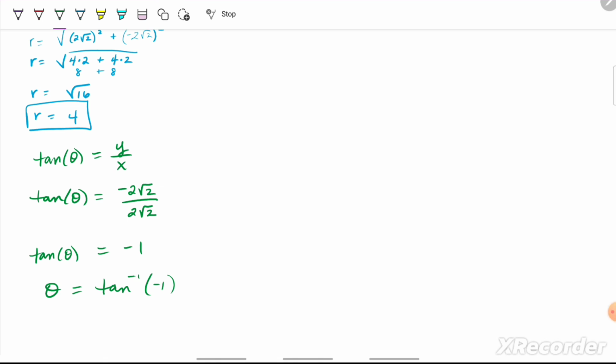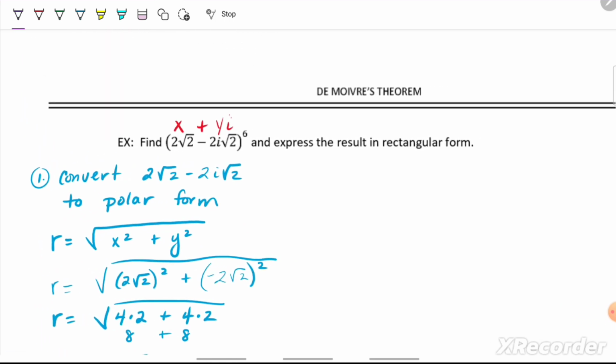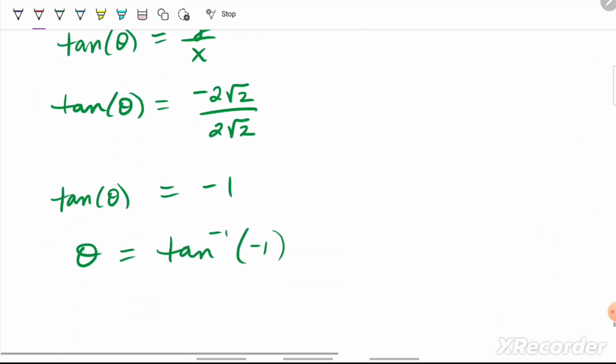We know there are two options where tangent is equal to negative 1. We want to look at which quadrant our complex number is in if we were to graph it, and then that'll tell you which of the two theta values we want. Now, since x is positive and y is negative, we're somewhere in quadrant 4. So the place in quadrant 4 where tangent is equal to negative 1 happens at 315 degrees. So theta is going to be equal to 315 degrees.